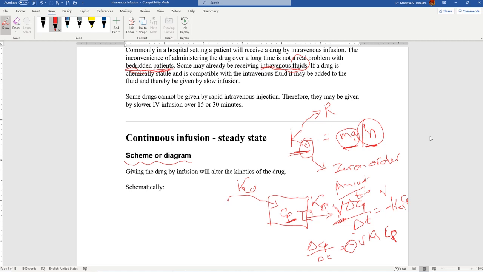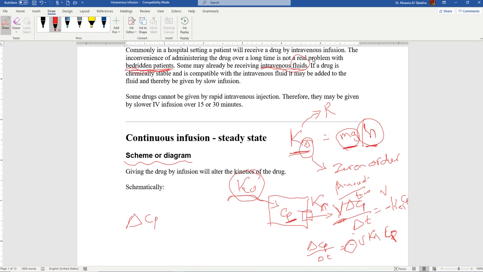So if I want to describe the infusion, adding more drug inside, and elimination removing the drug, then I can write the differential equation.